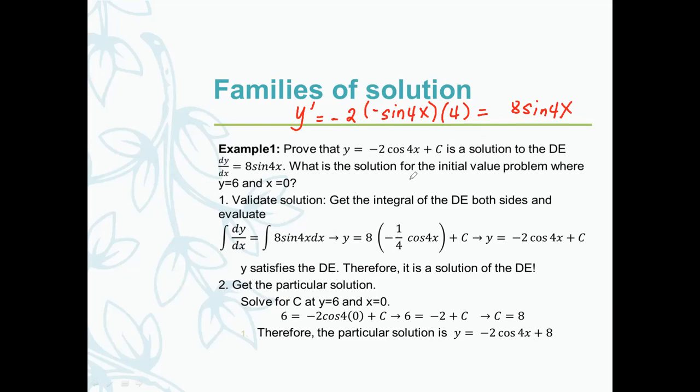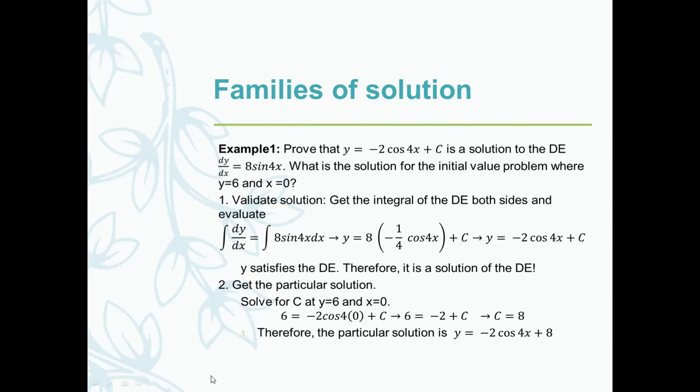So when you validate, let's say when you're asked to prove whether a particular equation is really the solution of your DE, simply do differentiation and go back to the DE that was provided and substitute. If the left side and the right side of the equation are equal, then you're good. Then the provided solution is the solution of your DE.